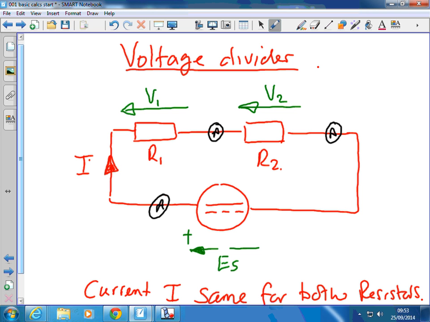We must get used to putting arrows for voltages on the right way round if we're going to get our Kirchhoff's law stuff correctly. Okay? Current flows, the same current, all the current that leaves this positive terminal ends up back there by some route or another. We don't lose any current anywhere.